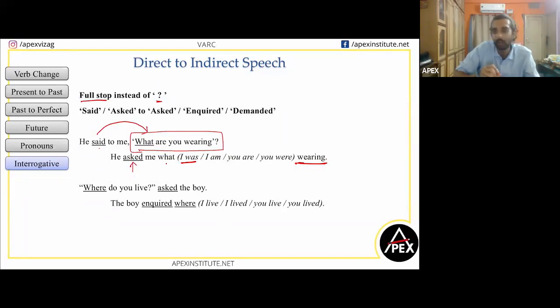Okay, it will be I was wearing. Past, present will become past, no? Yeah, so present continuous will become past continuous. Where do you live? Asked the boy. Okay, the boy inquired where I lived.